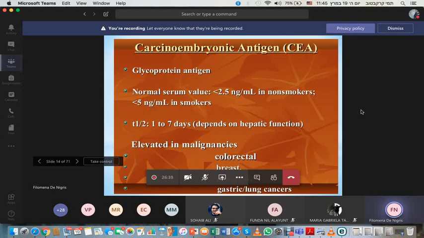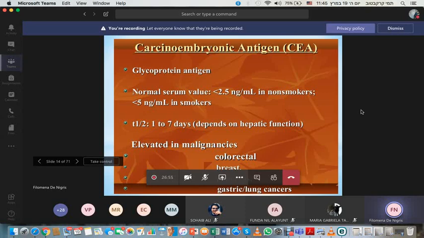CEA is not specific, but is increased in colorectal carcinoma, in at least 80% of patients affected by colorectal carcinoma, but is present also in breast cancer.